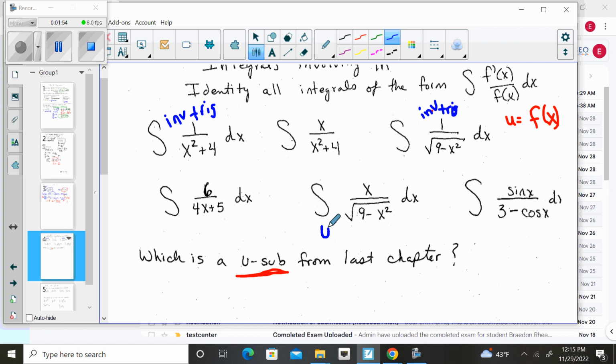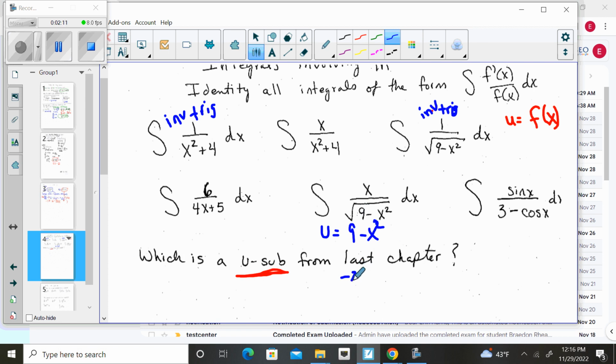If you look at this integral, the key with the ones that result in natural log is that u has to be the entire denominator. Here the u is just under the radical.